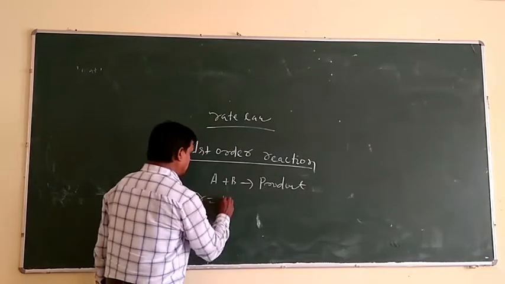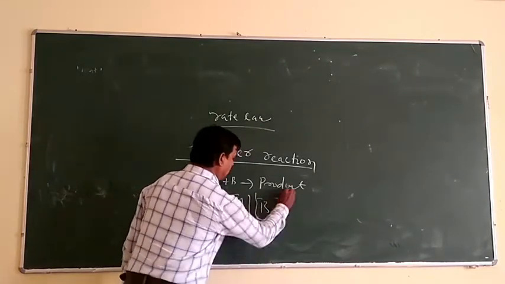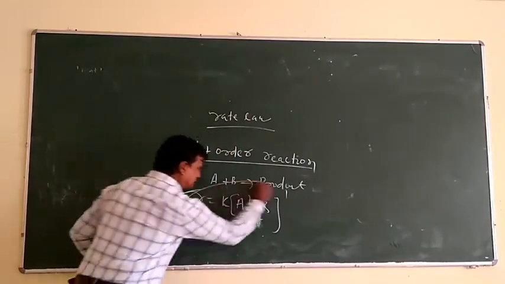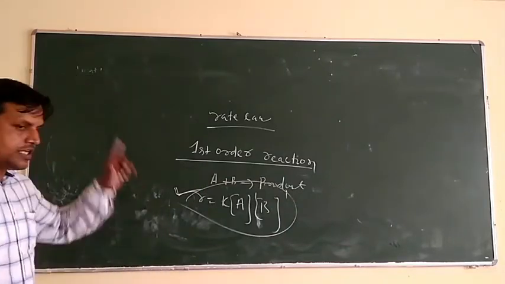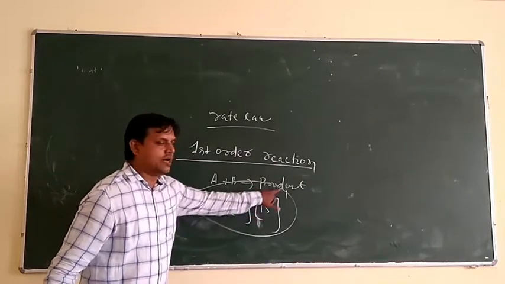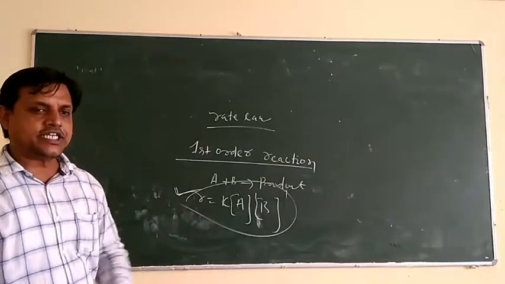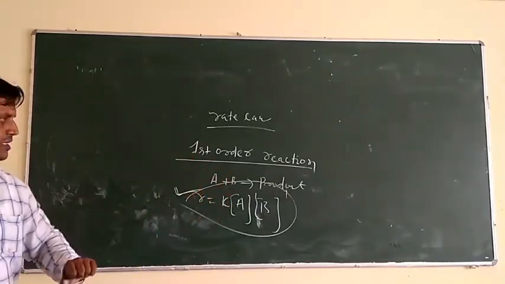If R equals K A to the power 1 B to the power 1, this is the rate law equation. The power of A is 1 and the power of B is 1. So the sum of the powers is 1 plus 1, that is 2. So the order of the reaction is 2.